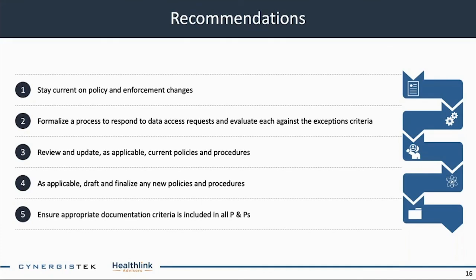You might identify that you have to draft and finalize new policies and procedures because there's not a current process or practice in place. And so it's really going to be up to you to decide whether something is incorporated into a current policy or whether you think it's appropriate and necessary to draft a complete new one.